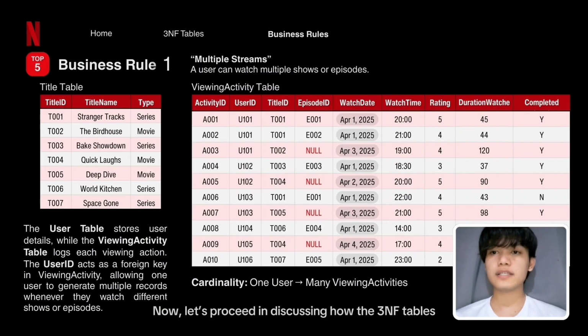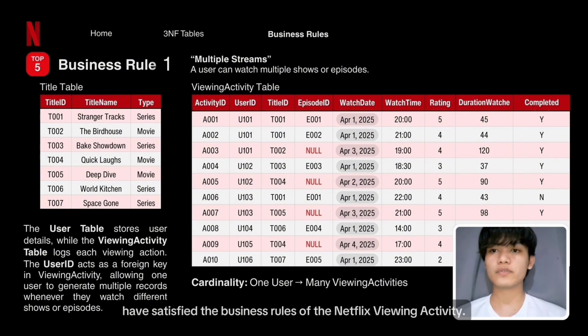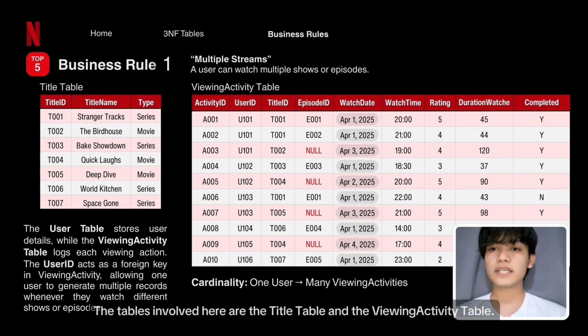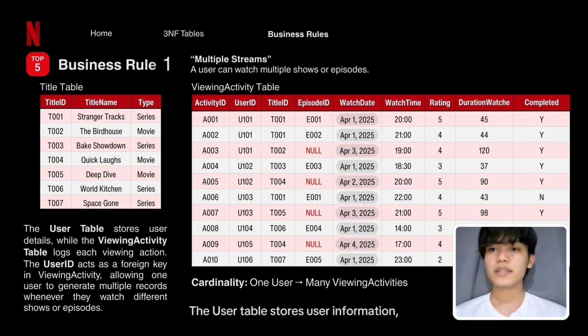Now let's proceed in discussing how the 3NF tables have satisfied the business rules of the Netflix viewing activity. For the first business rule, where a user can watch multiple shows or episodes, the tables involved here are the user table and the viewing activity table. The user table stores user information, while the viewing activity table records every viewing action.